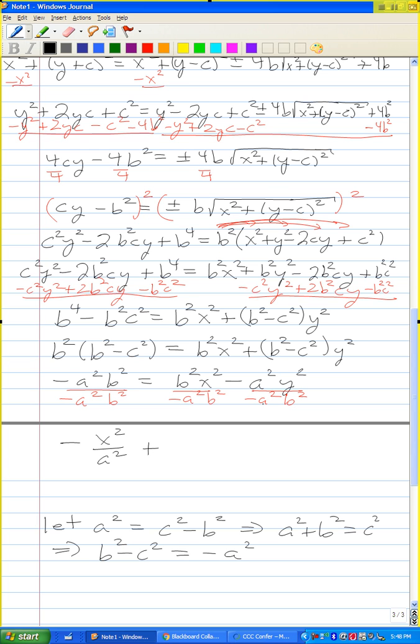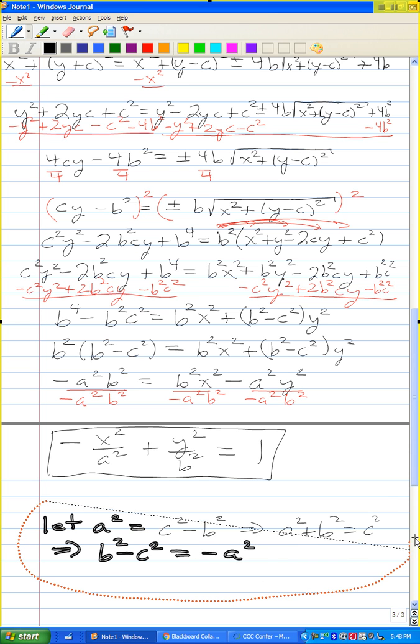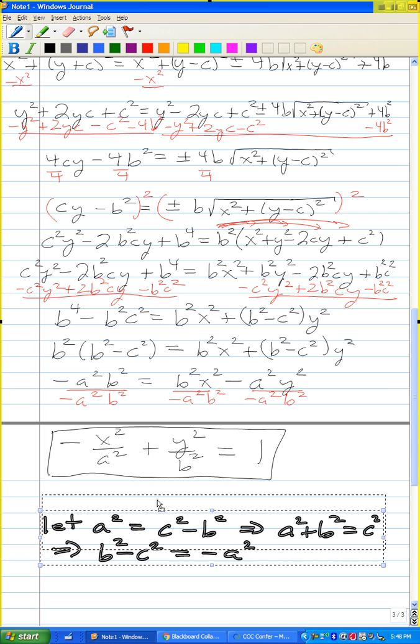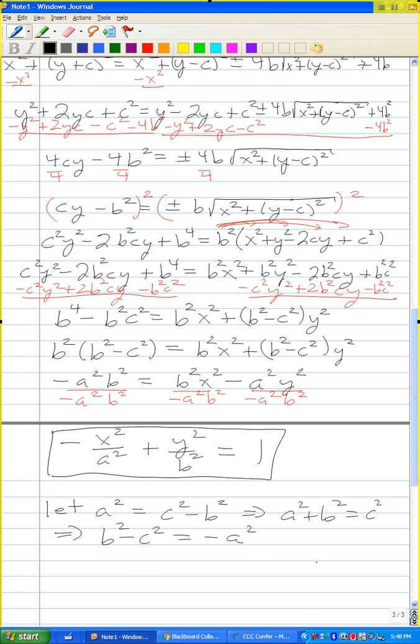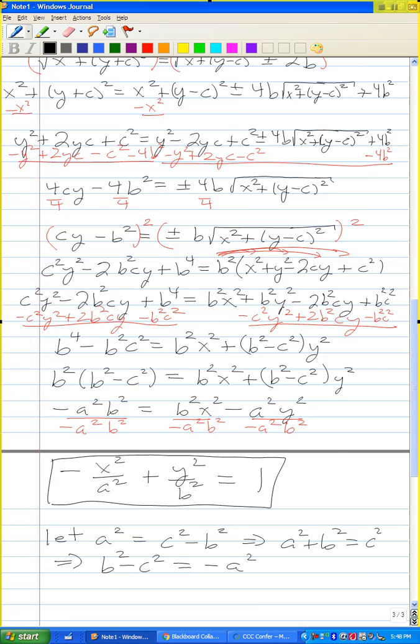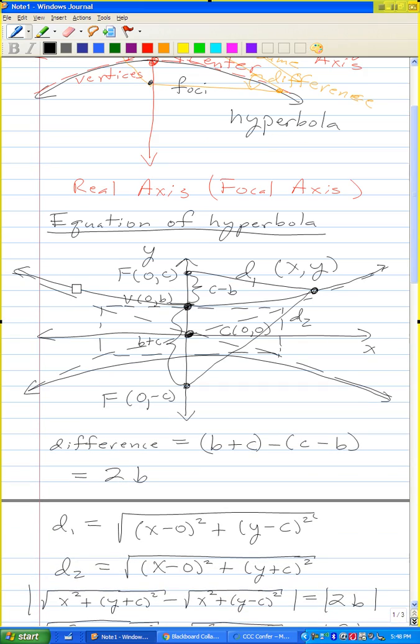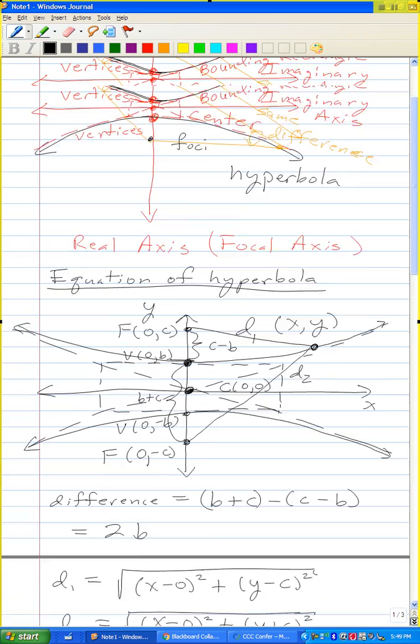The a squares cancel, and so you get y squared over b squared equals 1. So that is the equation of a hyperbola centered at the origin, such that its vertices are at (0, b), (0, negative b).